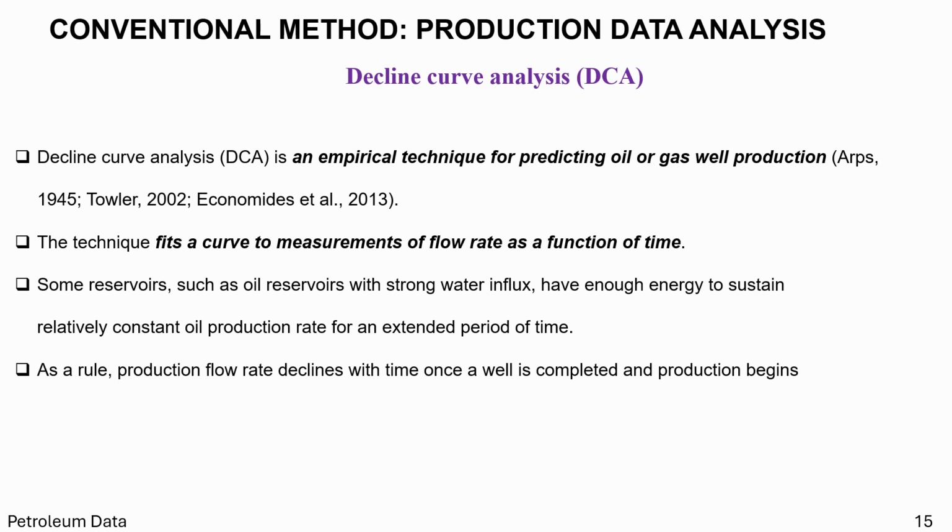DCA is one of the most practical tools in petroleum engineering because it is simple, intuitive, and often very useful. The key idea is that production history contains patterns. If we can identify the decline trend properly, we can forecast future production.